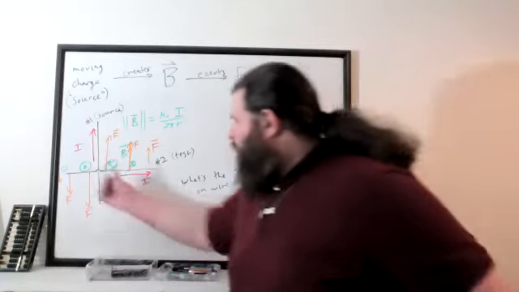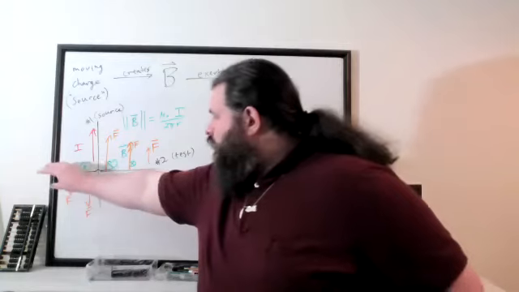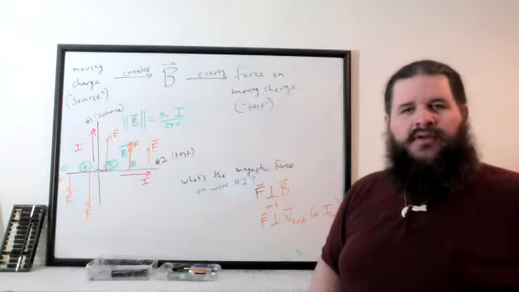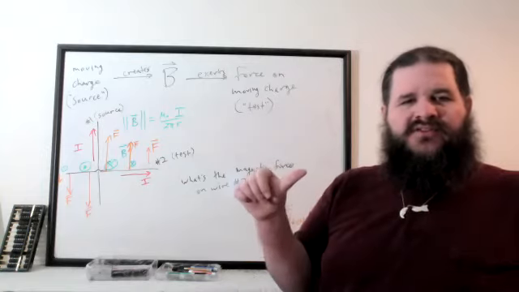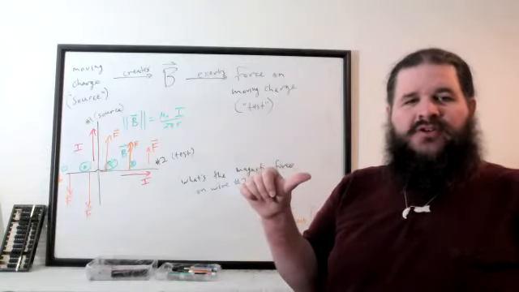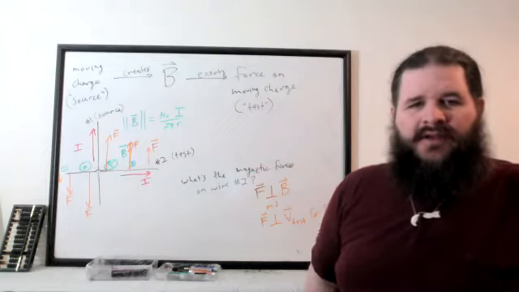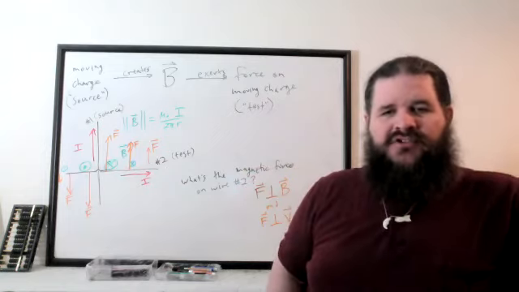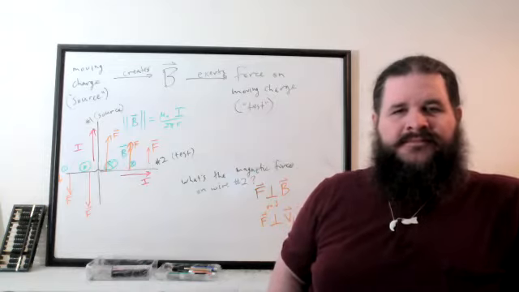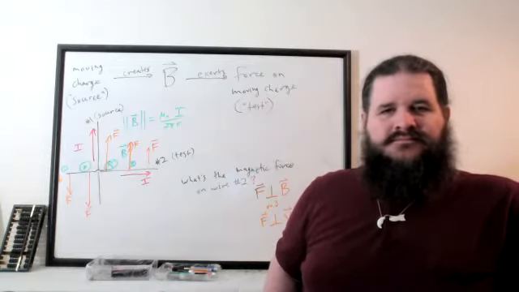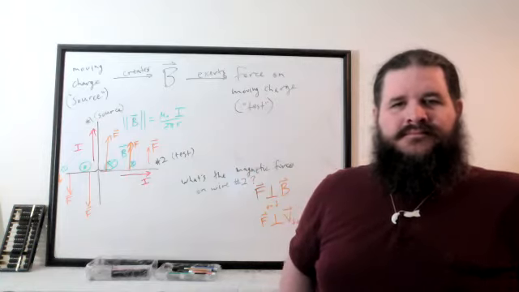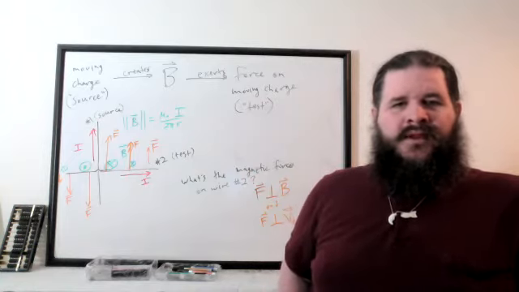When we say current is flowing this way, we're saying you can treat this wire as having positive charge moving in this direction. So in the second right-hand rule, thumb isn't just velocity. Thumb is the direction that charge is moving. And sometimes we call that velocity, sometimes we call that current, but it's all talking about the direction charge is moving. Okay, that makes sense. And because we're focusing on the force on that current, that's why we're using that velocity. Okay, that makes more sense.